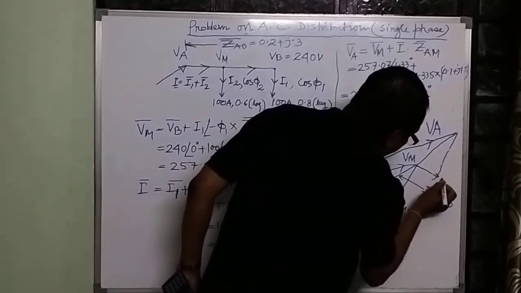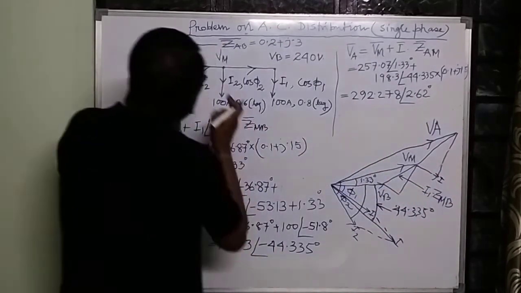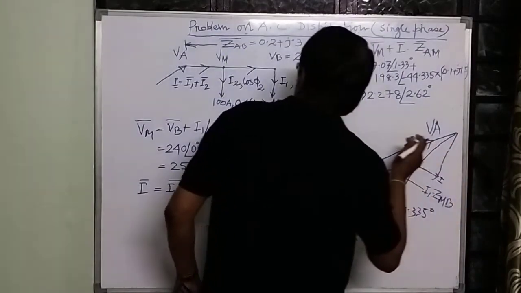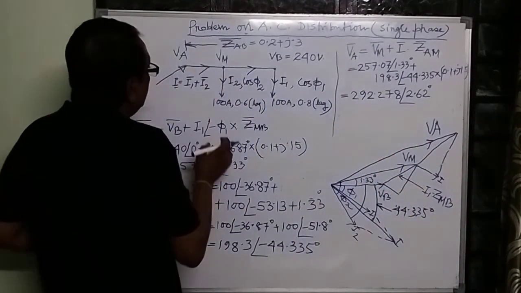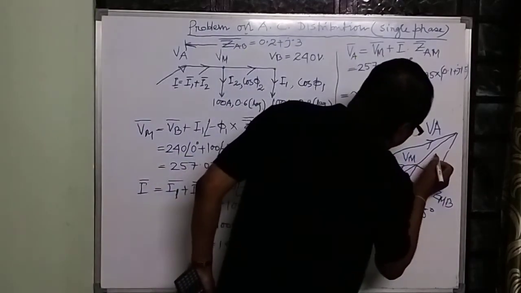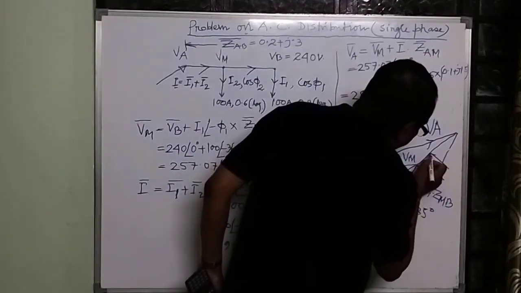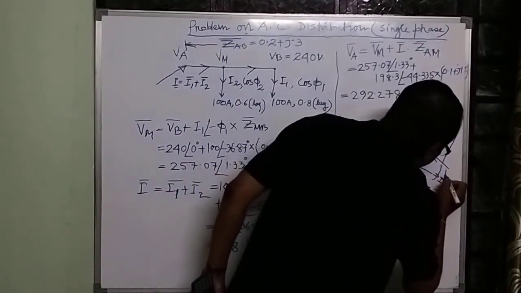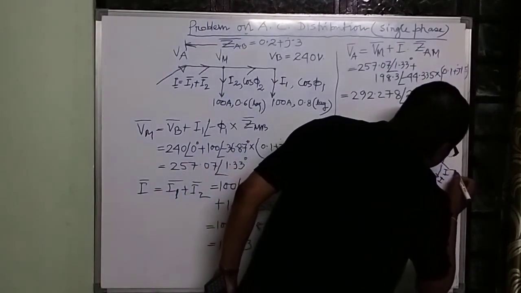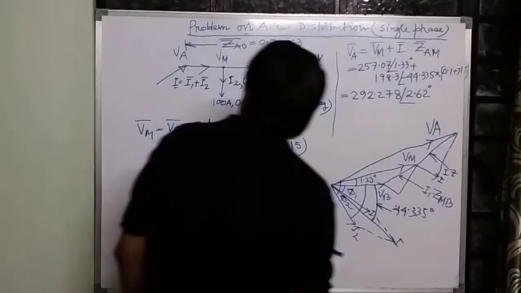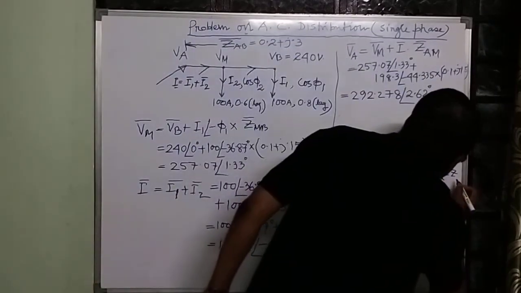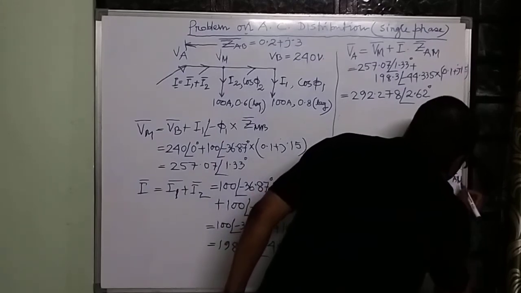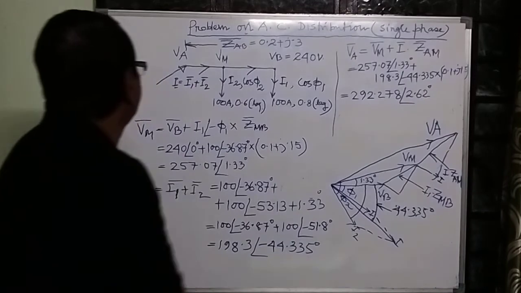This portion is the drop of I into the resistance, and this portion is I into the inductive reactance, and the total drop we can write as I into ZAM, the AM portion.